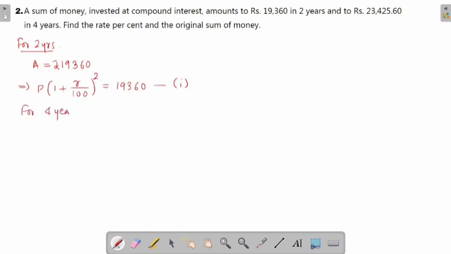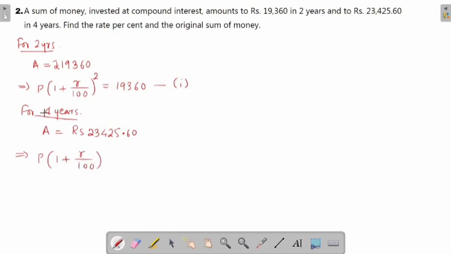So for 4 years, your amount is going to be exactly rupees 23425.60, right? So that is your formula for amount, again P into (1 plus R by 100) whole to the power n.